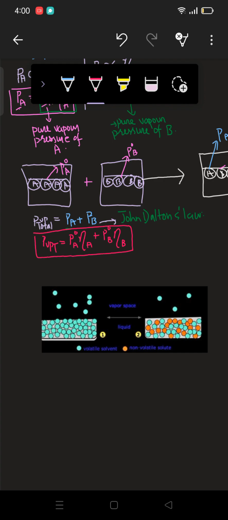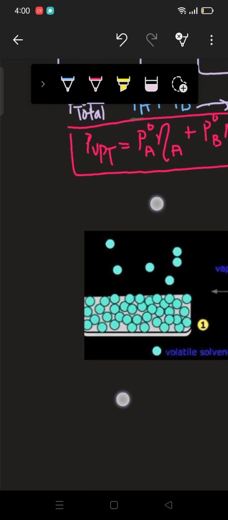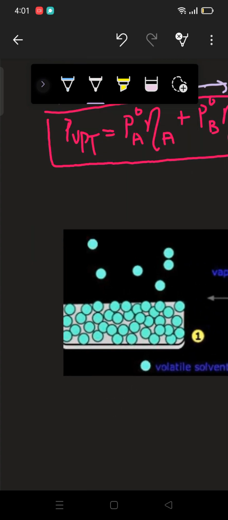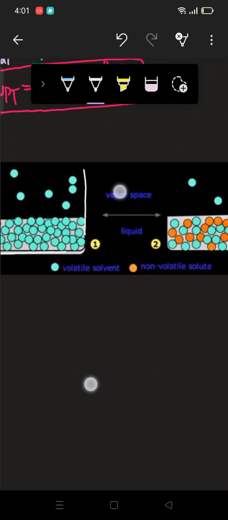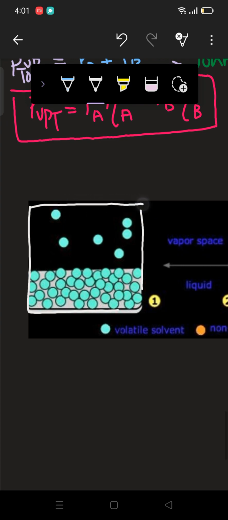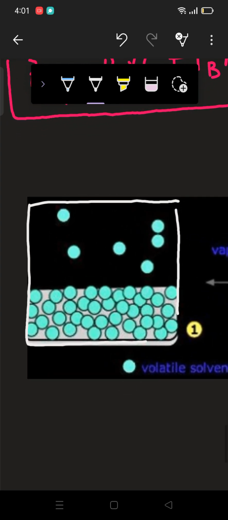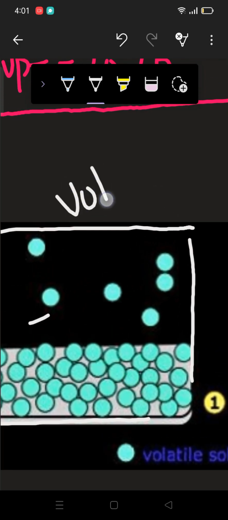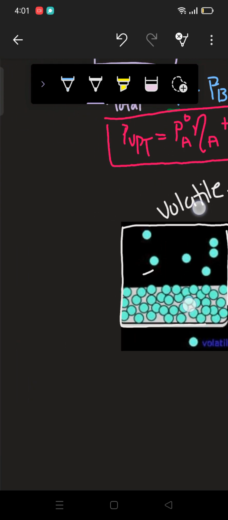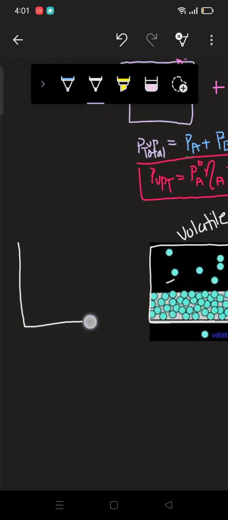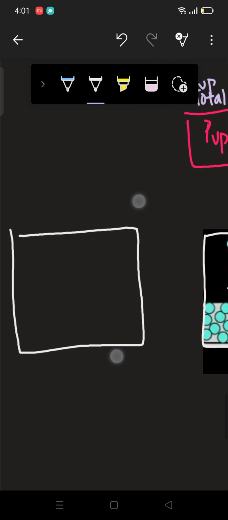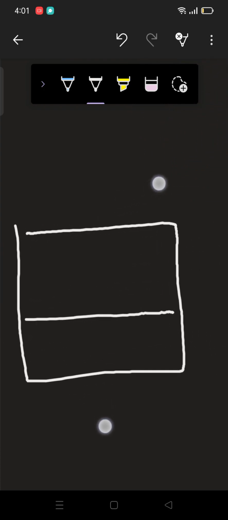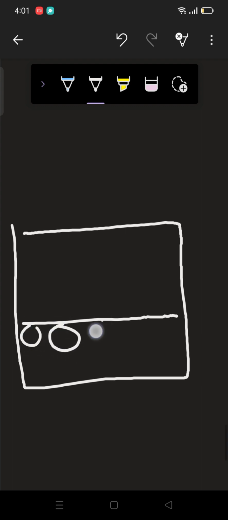In today's video, now we are going to mix volatile with non-volatile substance, right? As this container shows, this is volatile since it has the capability to make vapor pressure, right? We are going to mix it together with non-volatile.